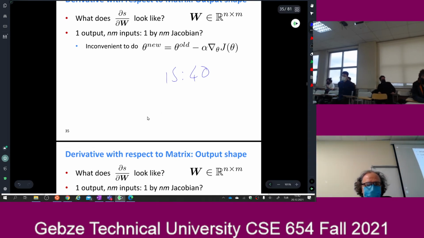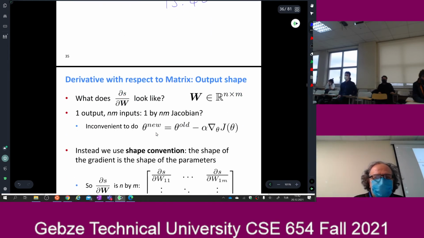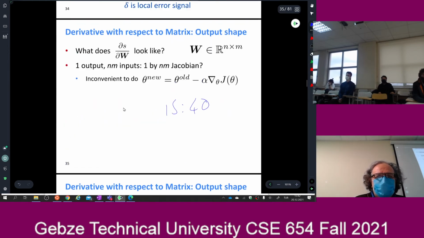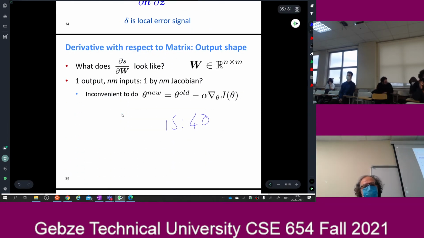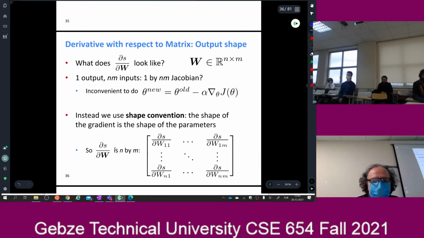So derivative with respect to a matrix, that's what I mean. This is important, of course. Derivative with respect to the B, the biases, that's what we need to learn. Also, derivative with respect to this matrix is important too, and that's what we are going to look at.